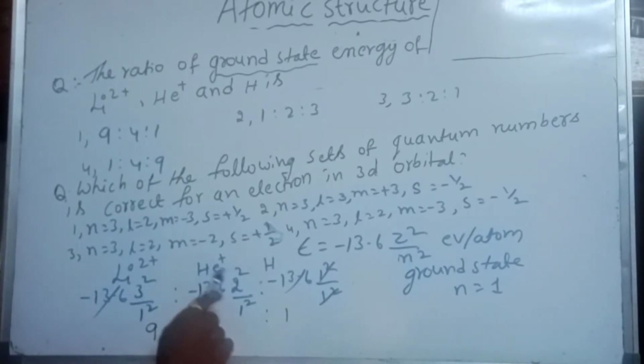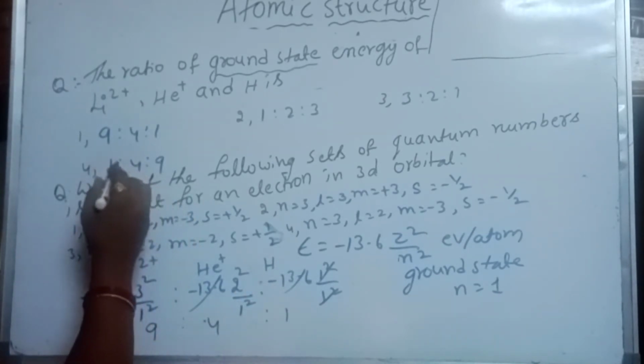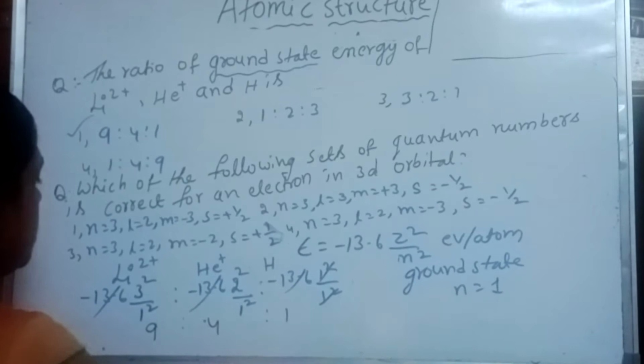For helium, atomic number 2, 2 square by 1 square, and for hydrogen, 1 square by 1 square. So 9, 4, 1. Which one is the correct option? This one: 9 is 4 is 1. Okay? Next question.